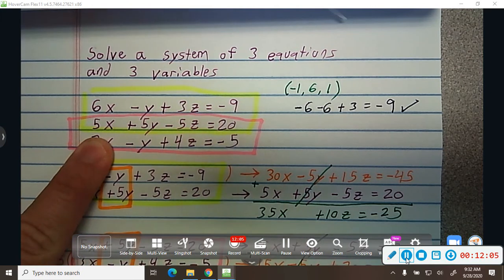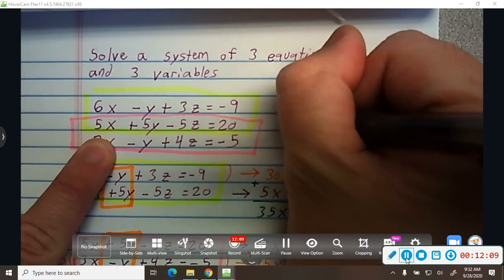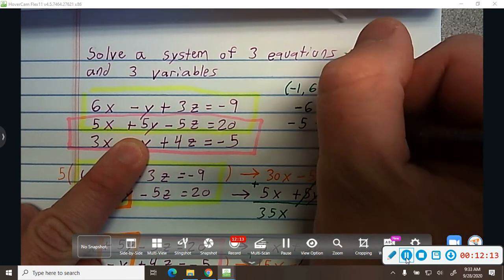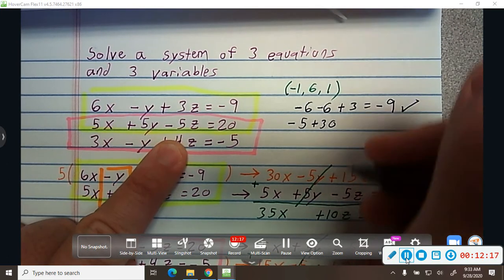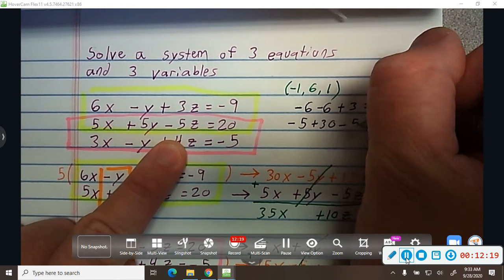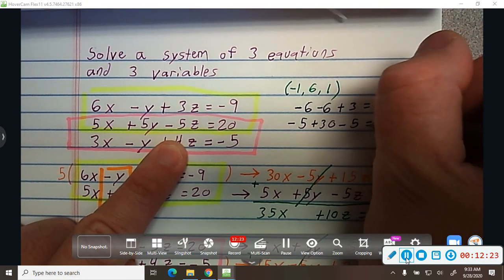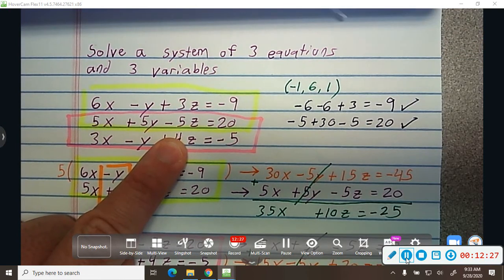Next, 5 times negative 1 is negative 5. 5 times 6 is 30. Negative 5 times 1 is negative 5. And that'd be negative 10 plus 30, which is 20. So that works. So it works for 2 of the 3.